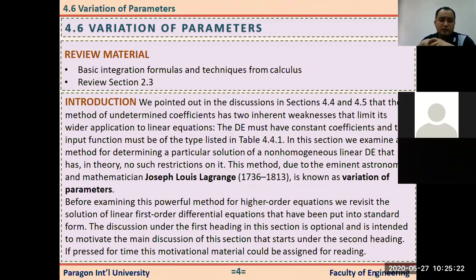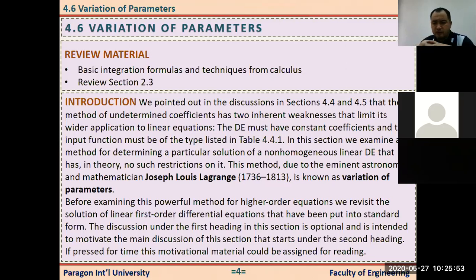So in this part we are going to study a method for determining a particular solution of a non-homogeneous linear differential equation that has, in theory, no such restrictions. We are not going to put any restriction on the type of the function on the right hand side. That is our f function, which is not multiplied by any y or derivatives of y.